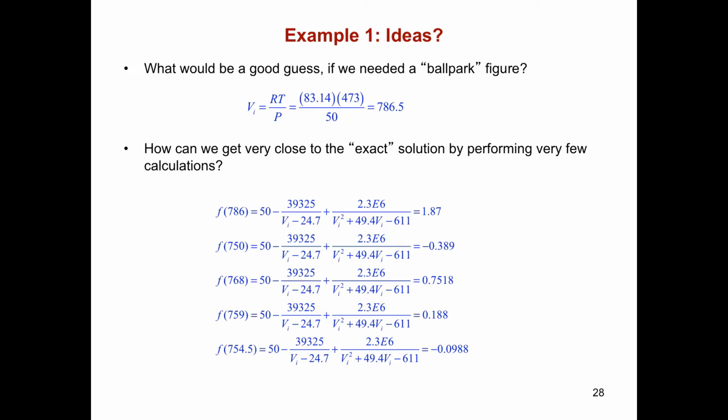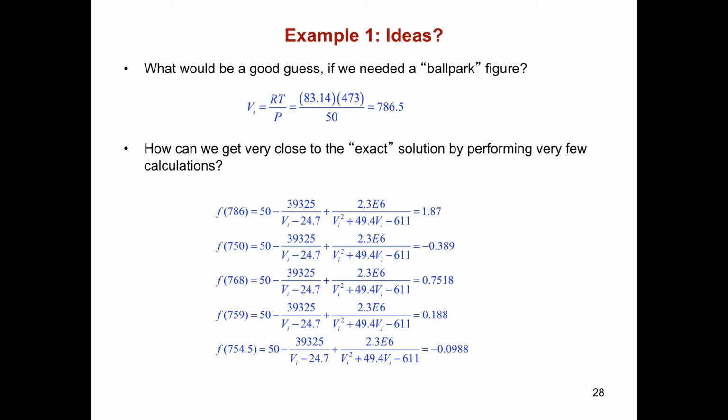So basically, in between these two, I'm going to find the next one. And in between this one and this one, which is 750 and 759, I'm going to throw in a guess that is right in between and try. And I can say, okay, this is pretty close to 0. If I had a computer to do this for me, I could keep going and narrow down the solution.